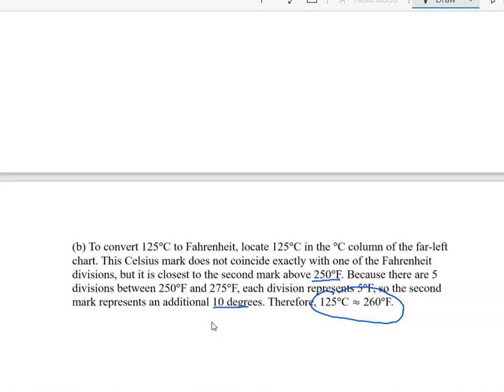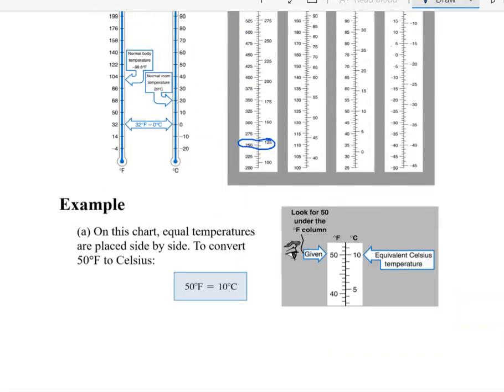So we're at 250, 255, 260. So it's 2 extra little marks.